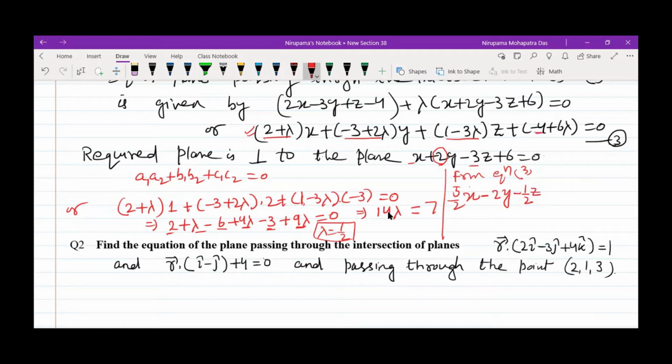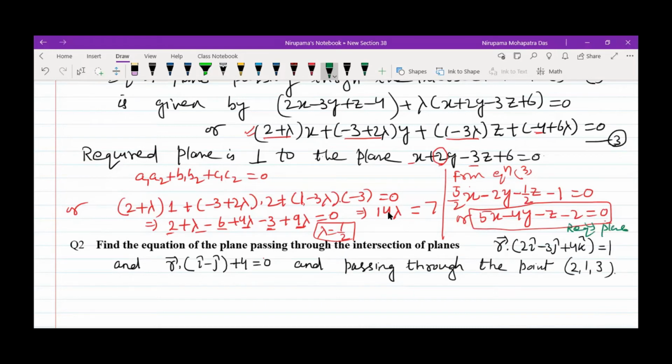Here it is minus 4 plus 6 into 1 by 2, that is 3, minus 4 plus 3 is minus 1. Equal to 0, or you can write 5x minus 4y minus z minus 2 equal to 0. This is the equation of the required plane.